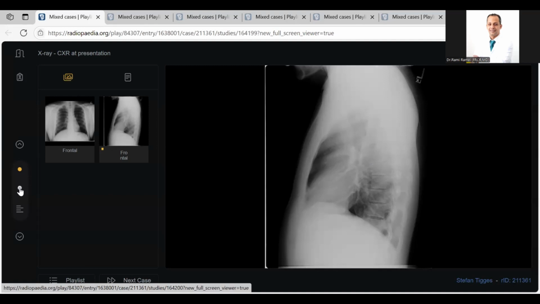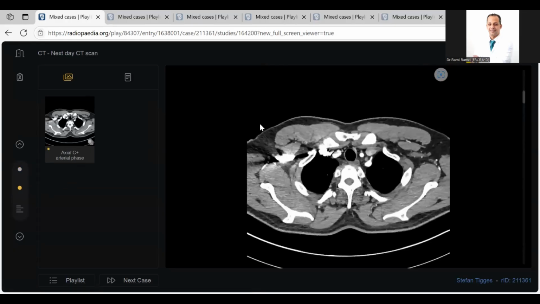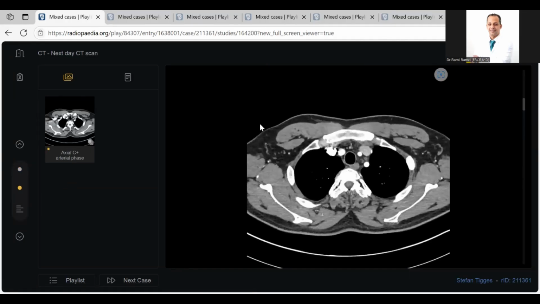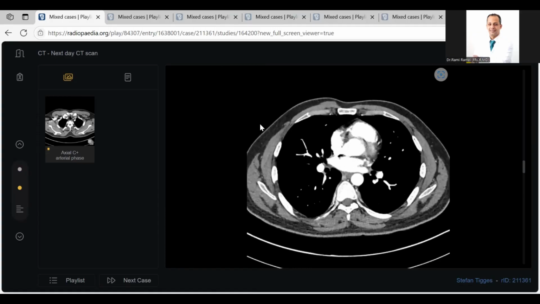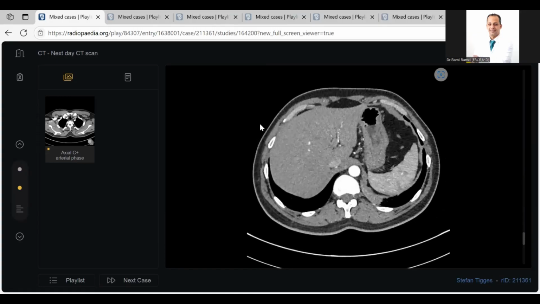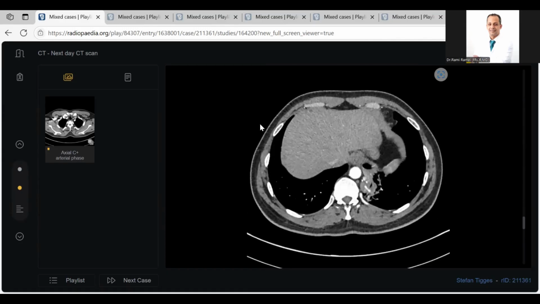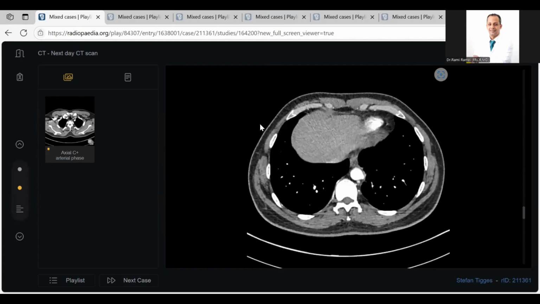We would like to proceed with a CT scan of the chest to look for any posterior mediastinal or spinal pathology. I see this contrast enhanced CT scan chest, axial reconstructions at the level of the liver.